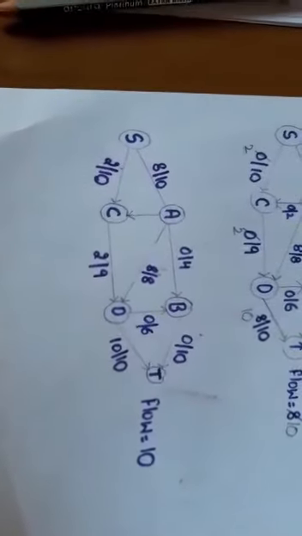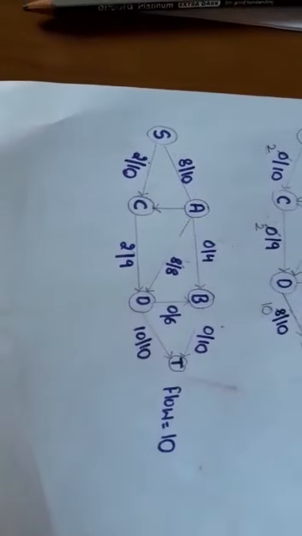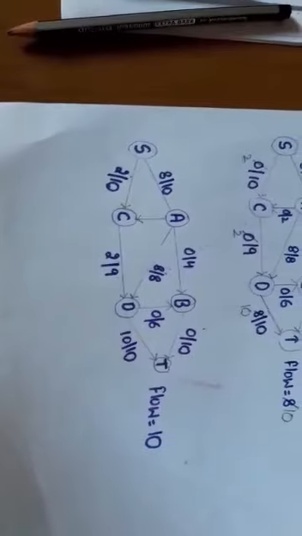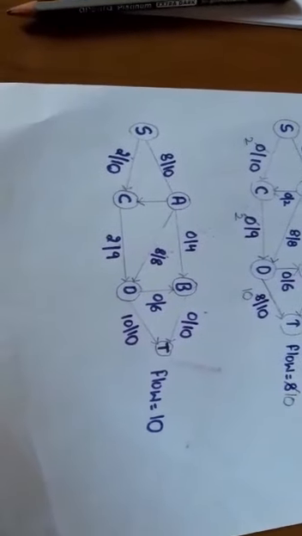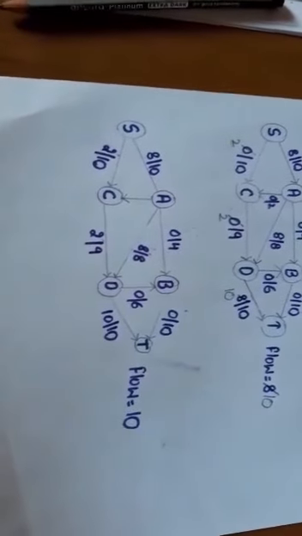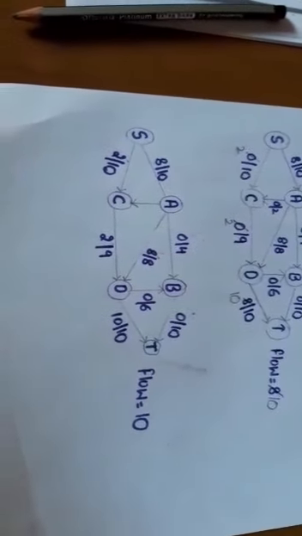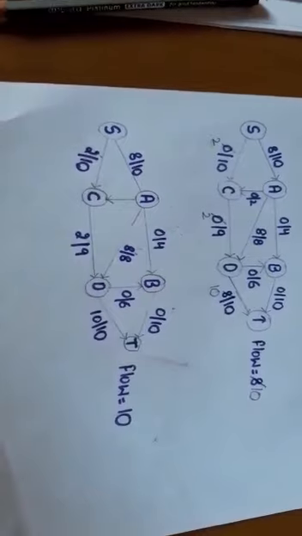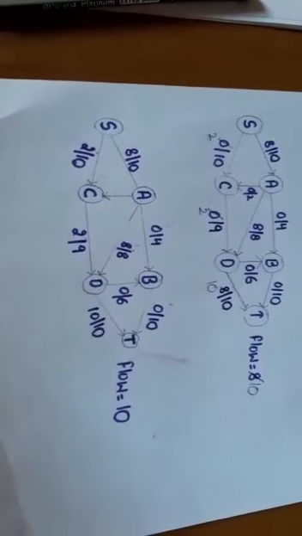And next I see that if I take AB, that is having capacity of only 4. Since we know the constraint is that the incoming flow is equal to the outgoing flow, if AB cannot pass more than 4, then it cannot take flow more than 4.